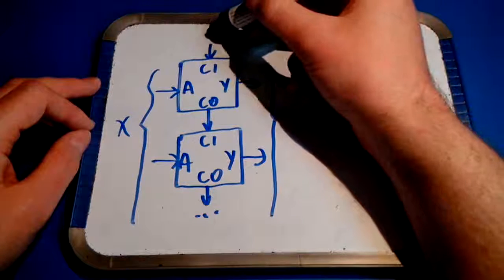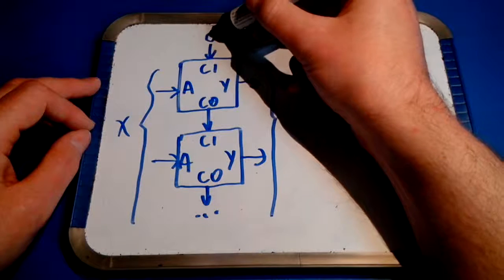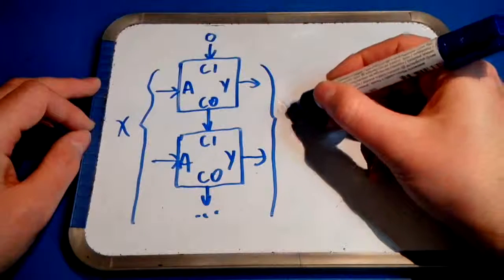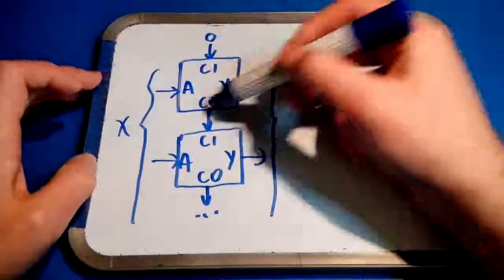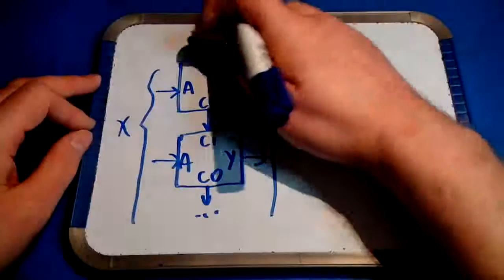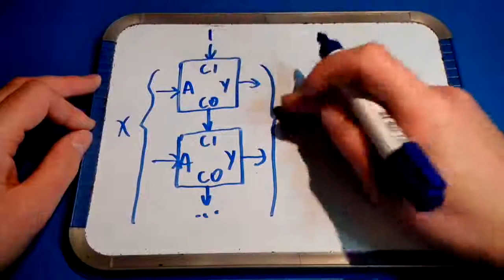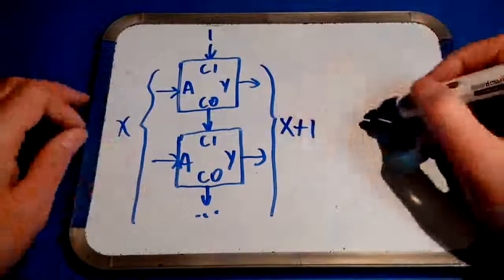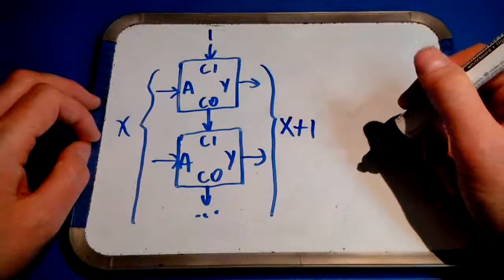It's a result, actually. So in case the carry in is 0, the output, that is the sum of the input plus 0, would simply be the input. So that's not a very interesting case. Now if carry in is made 1, the output is the input plus 1, and that's exactly what this module does.